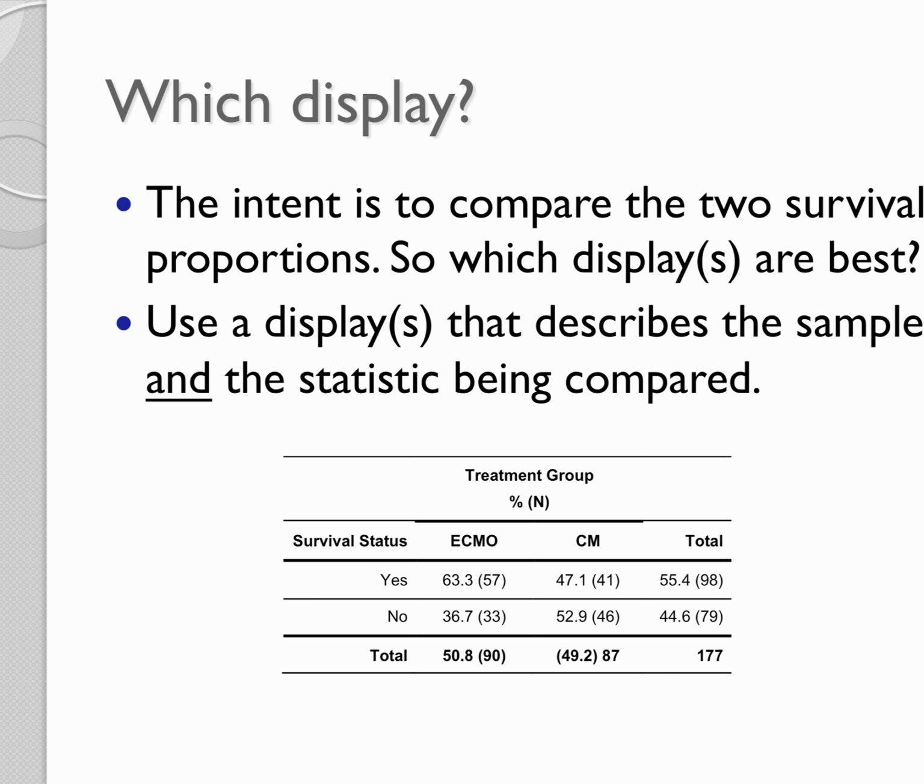We could show the percent survival overall. That's our 98 out of 177. Or we could show the 90 out of 177. This is a very clear table. It doesn't leave it up to the reader to do any math. And then when you're explaining your results, it's easy to reference by the column, yes or no, and the ECMO or CM.